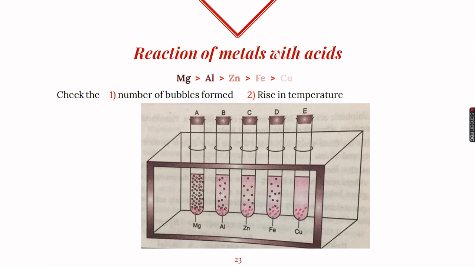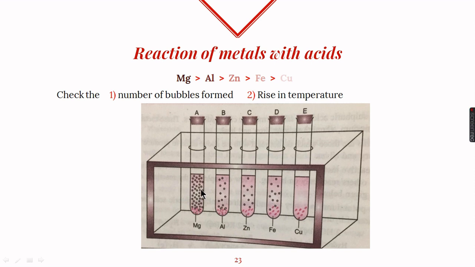As soon as we put the metals inside the acid, the reaction will start, and we will see the formation of bubbles in these 5 test tubes. We will notice that in this test tube the number of bubbles will be maximum, and in this test tube it will be minimum. So this will suggest that these metals have different reactivity.